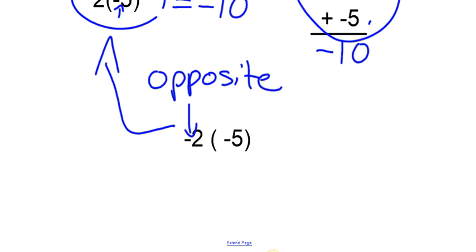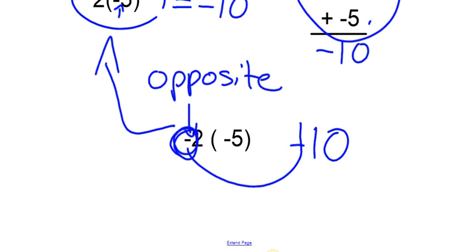So if we kind of ignore the negative on the 2 to start, 2 times 5, of course, is 10. And 2 times -5, of course, is -10. But now, because we have this negative sign here, it says do the opposite.